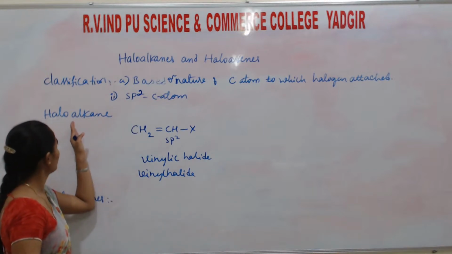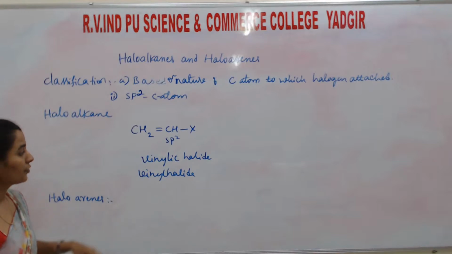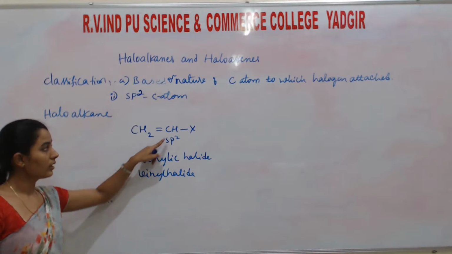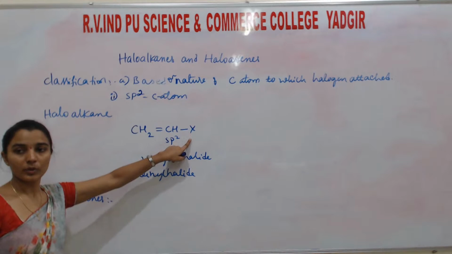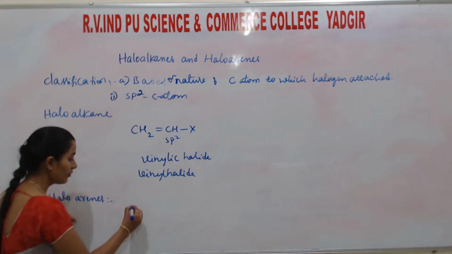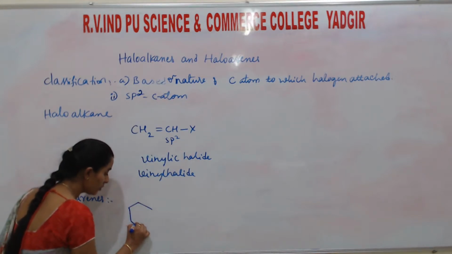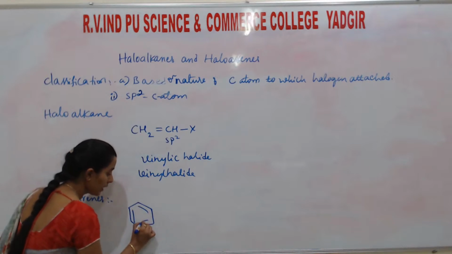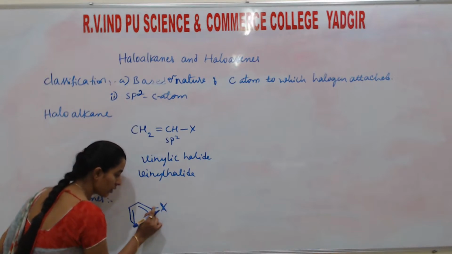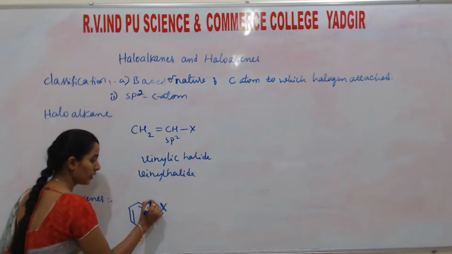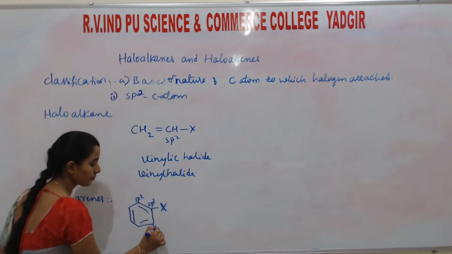This is in haloalkanes, if it is directly attached to sp2 hybridized carbon atom. If it is directly attached to sp2 hybridized carbon atom in the benzene, here all are sp2 hybridized, correct? sp2, sp2, sp2.